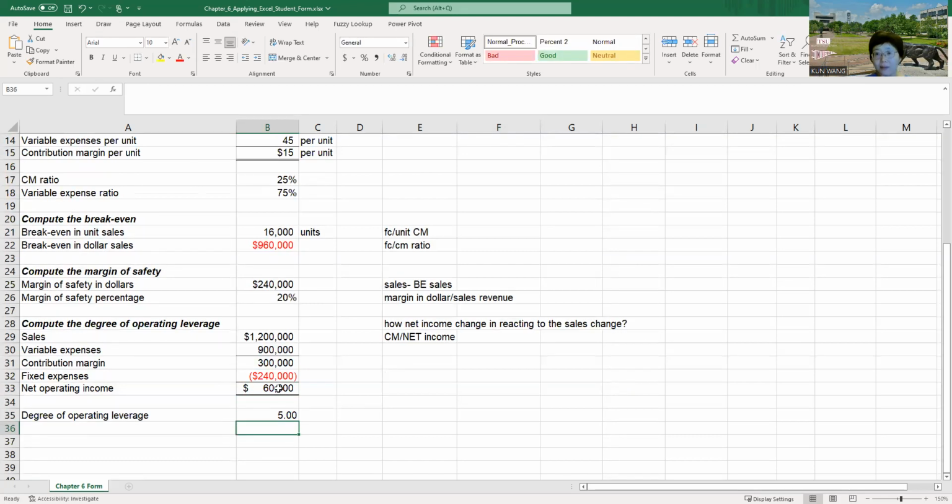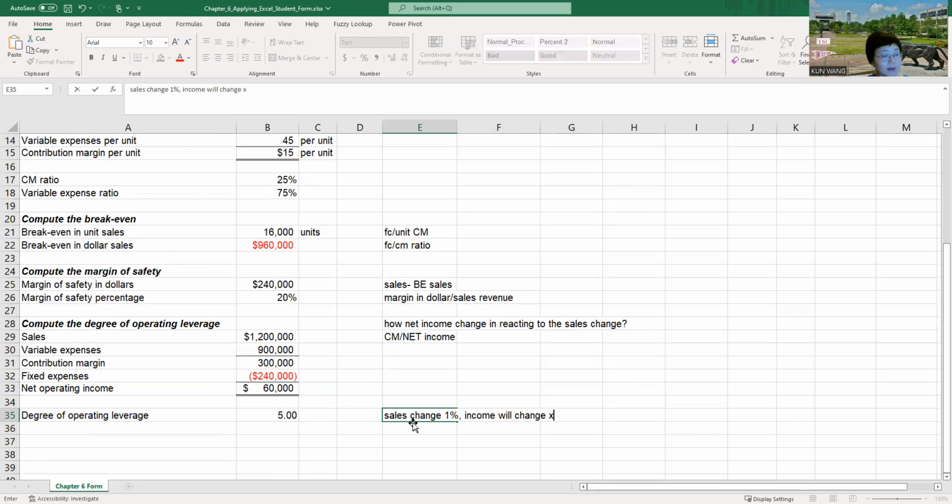So what does this 5 mean? If my sales change, and the change can be in both directions, by 1%, net income will change by 5%.